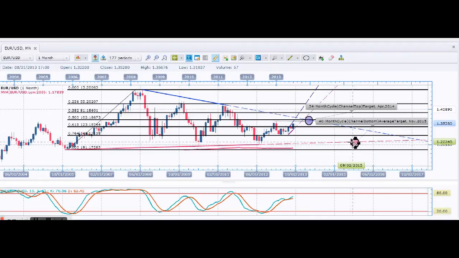So in the context of a monthly time frame, this could be a congestion pattern arriving at this point. We'd have no room to maneuver in a monthly context, and we could be seeing a reversal to the downside or a breakout to the upside back to these levels, or these levels, or these levels.